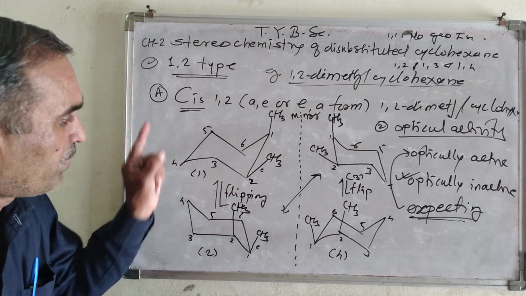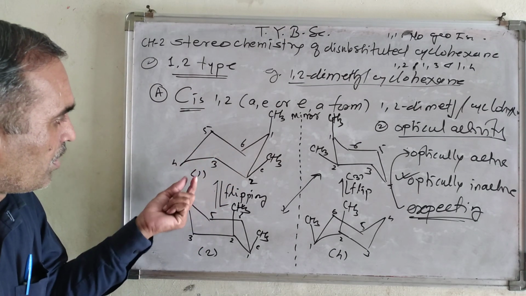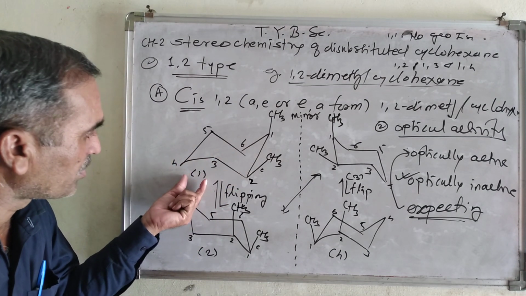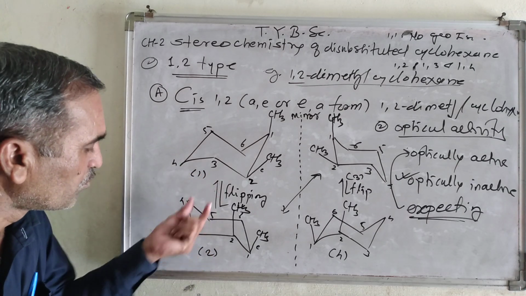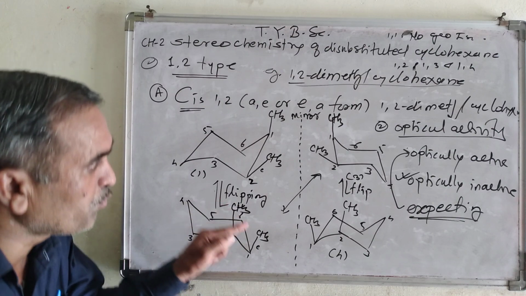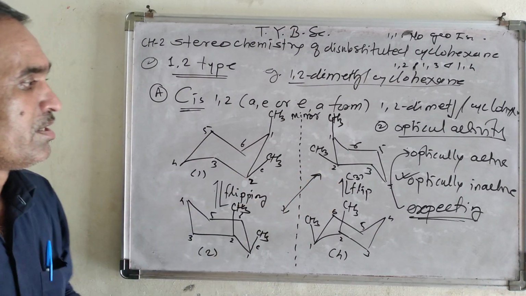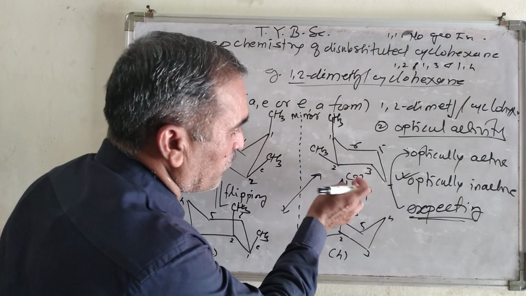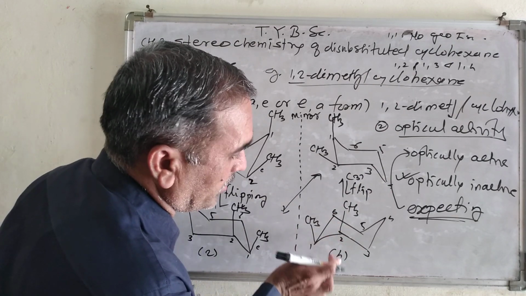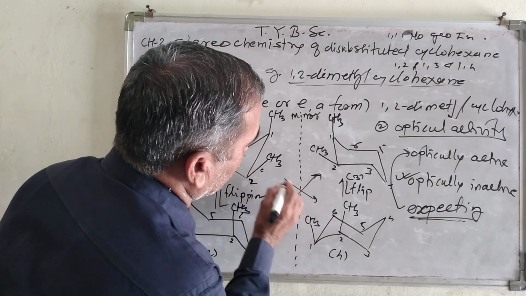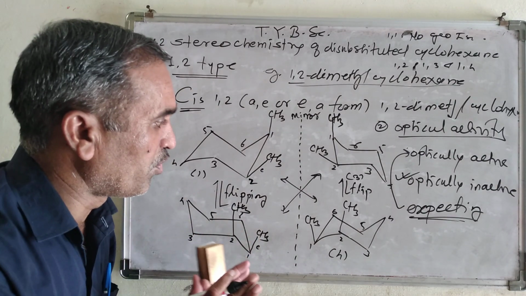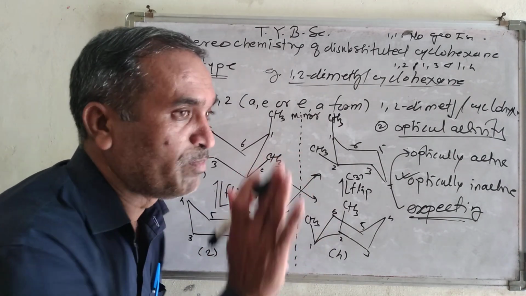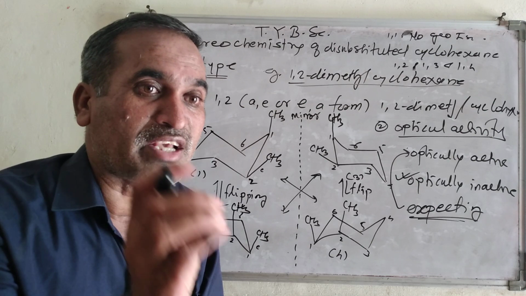Remember, when I flip the first structure, we get structure 2 which is identical with 3. Similarly, when I flip 3, we get 4 which is identical to 3. And therefore this molecule becomes a racemic mixture.